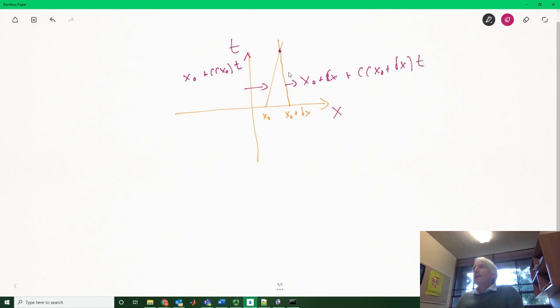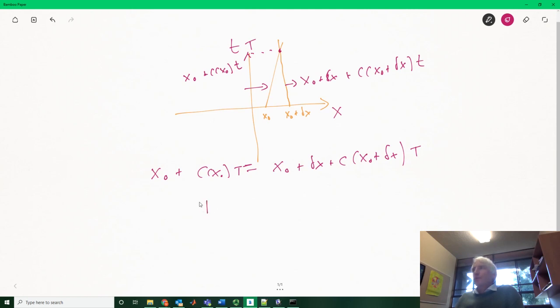And they meet at this point here. So we basically just equate these two curves. Some time later, this is the time here which we'll call capital T. They're equal. So x0 plus c of x0 times capital T is equal to x0 plus delta x plus c of x0 plus delta x times capital T. And then we rearrange and solve for t.